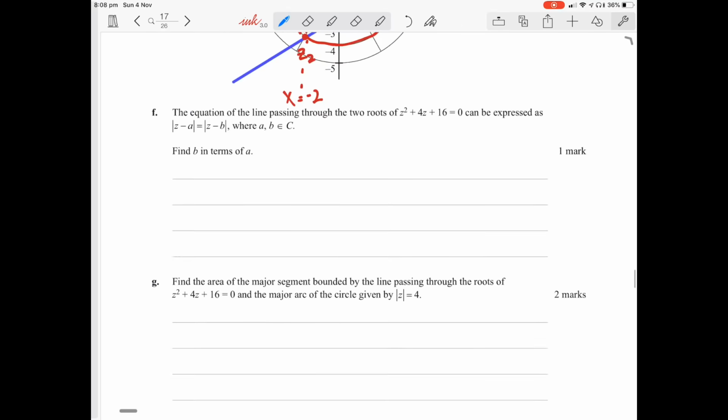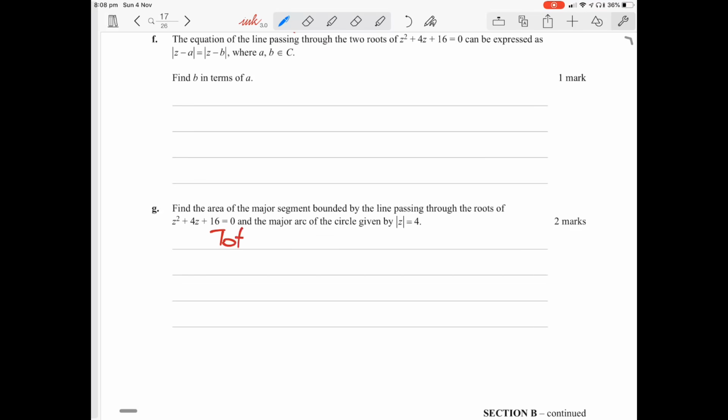So the whole area of the circle, total, is pi times 4 squared, so 16 pi, minus the area of a segment.